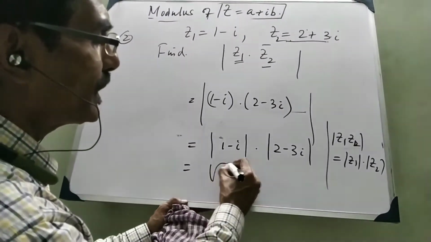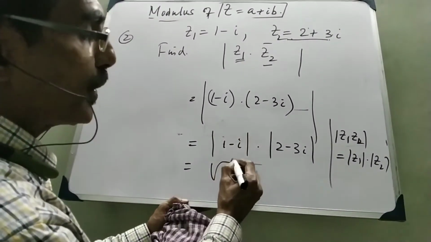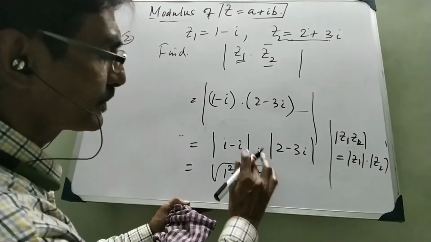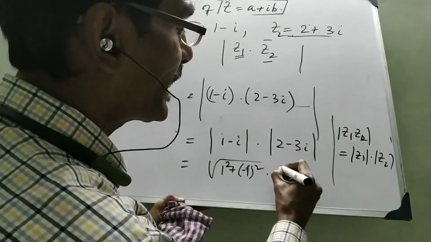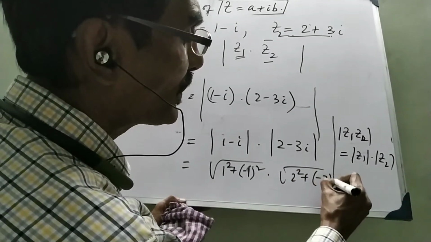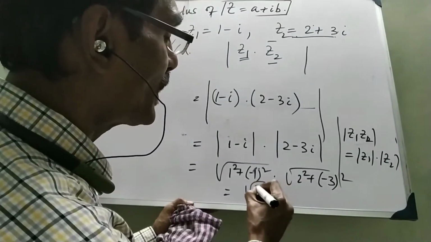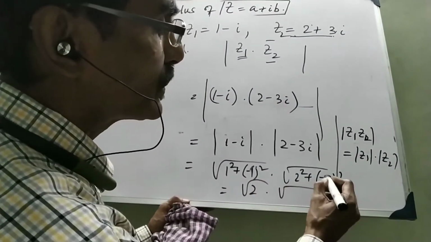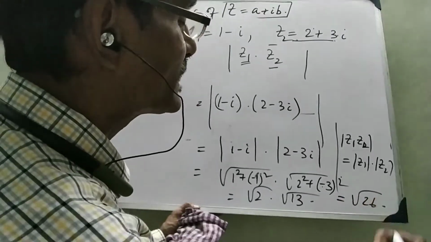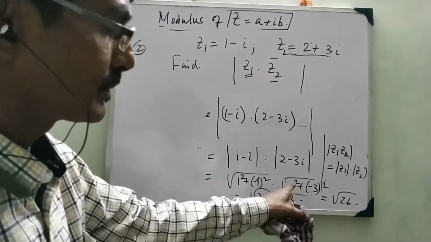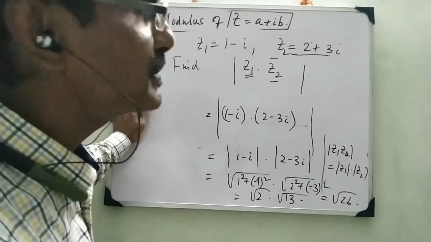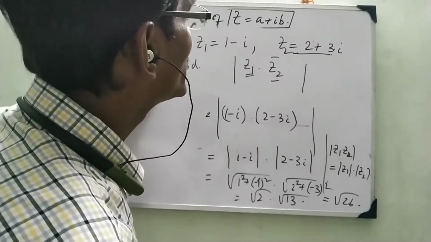Again use the formula, root over a square plus b square, b is minus 1, and for the second one root over a square plus b square, b is this. So final answer we are getting root 2 into root 13, that is root over 26. I think it is clear. So this type of many sums you will get in the study material.